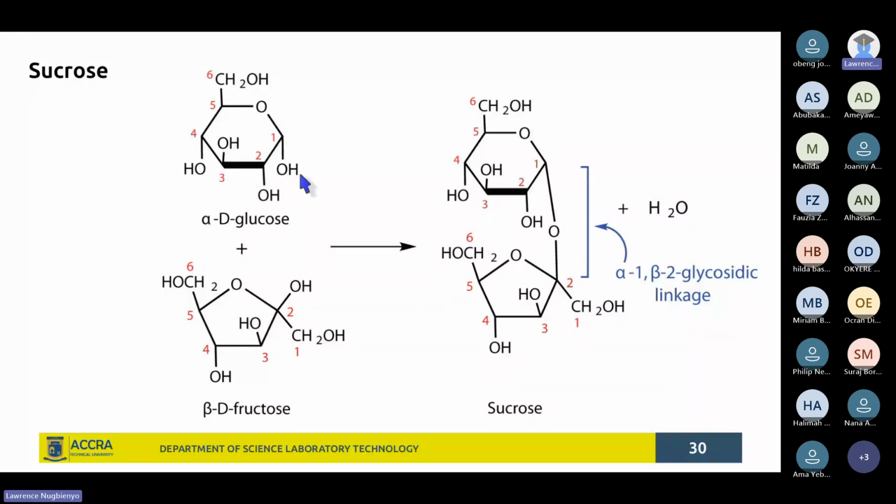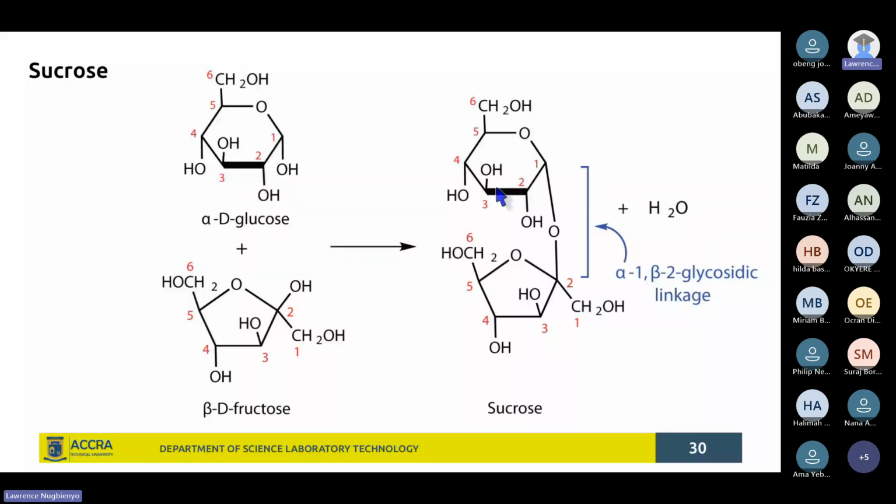When these bonds are formed, some water molecule is given out. So that is a form of a condensation reaction, a removal of a water molecule from that process. Now the sucrose, when you look at it, we refer to sucrose as a non-reducing sugar.